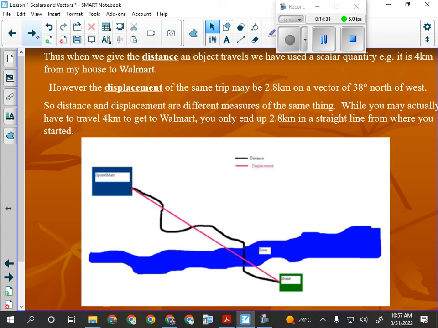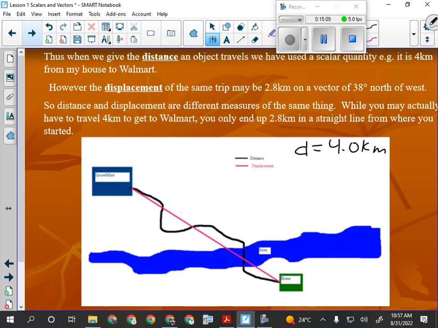No. I have to go around fences and trees and follow the road, take the bridge across the river, and stuff like that. So this black line here would be the actual route that I follow from my house to the store. Let's say that it's 4 kilometers. So by the time I've walked from my house to the store, I've gone a distance of 4.0 kilometers. That's a scalar description of that trip.